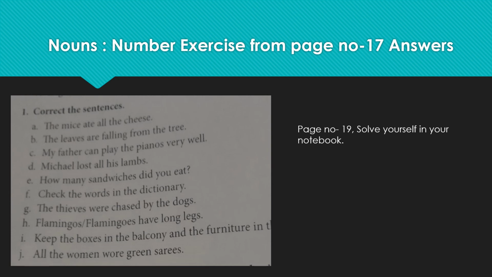And with that, you have to solve page number 19 yourself. First in the textbook, and then in the notebook. You have to make all the singular nouns into plural form. You have to do it yourself. I have not given these answers.